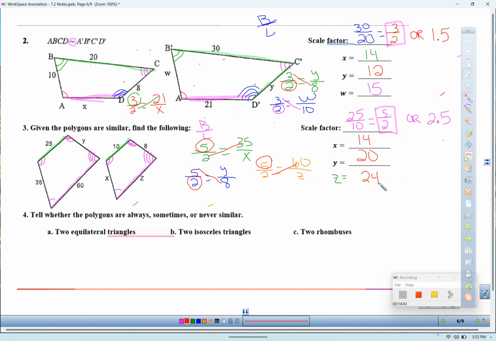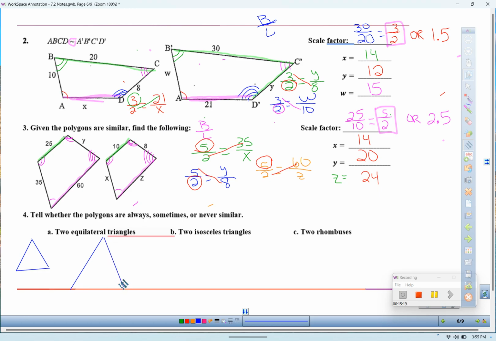Okay, let's look down at the bottom. It says, tell whether the polygons are always, sometimes, or never similar. Well, let's see. Two equilateral triangles. There is something we have learned about equilateral triangles, and it has to do with the angles.